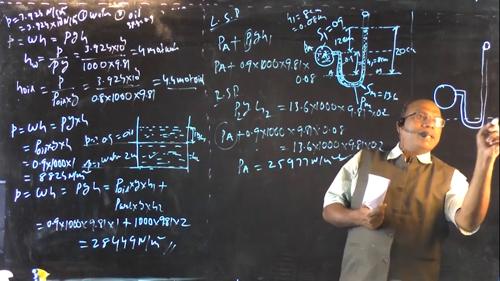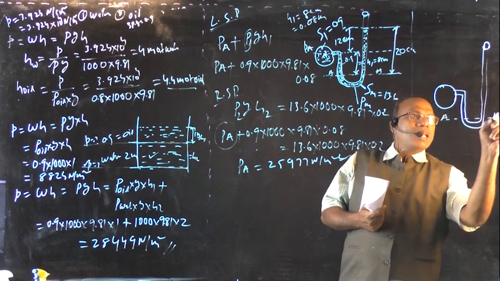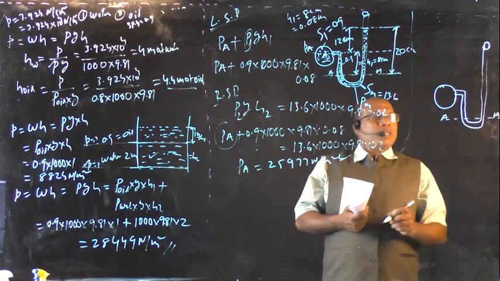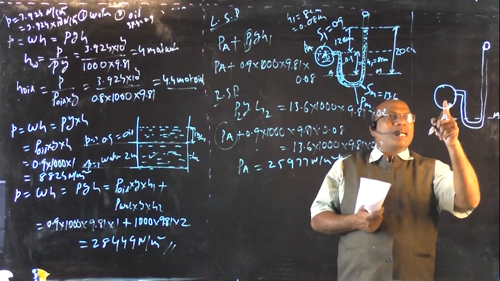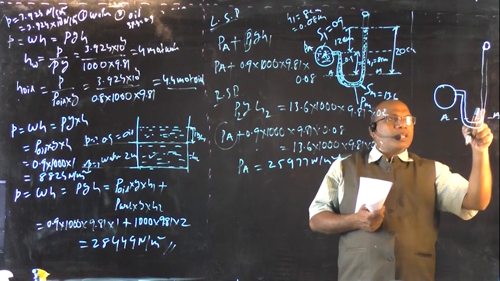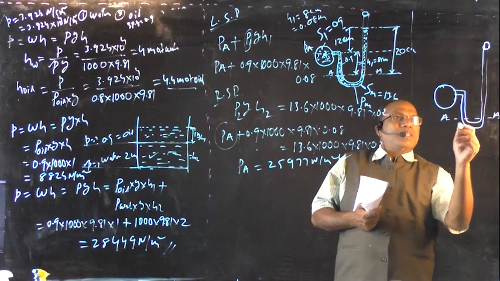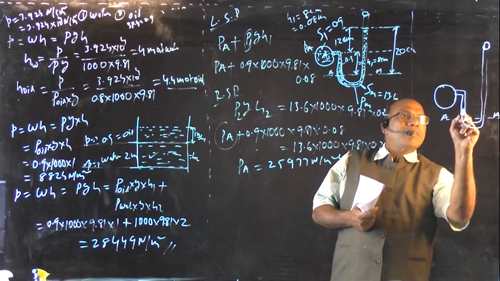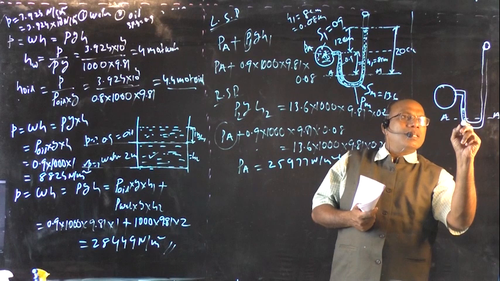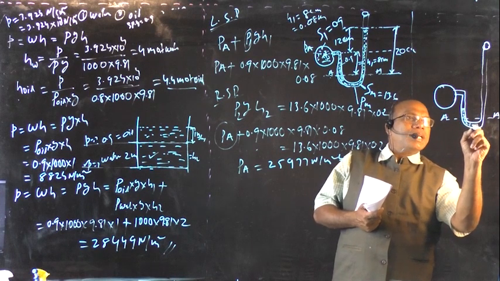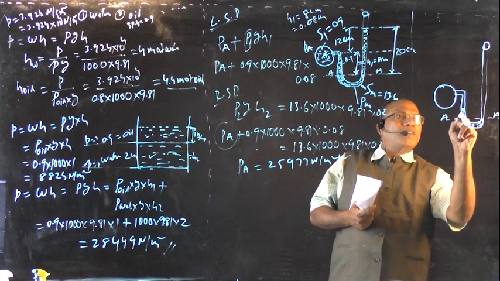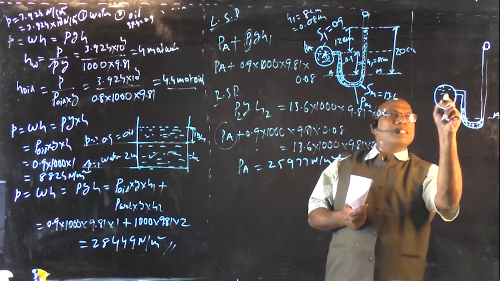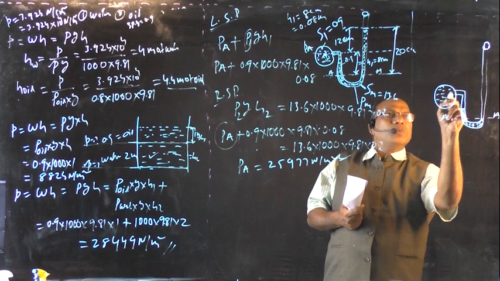This is the datum line AA. The pressure in the pipeline is vacuum, which indicates that the mercury moves towards the left, because the pressure in the pipe is negative.